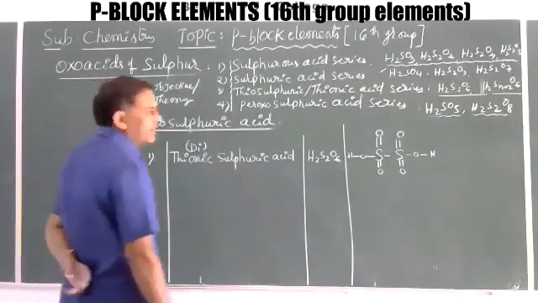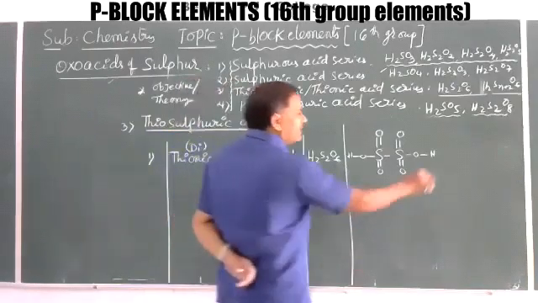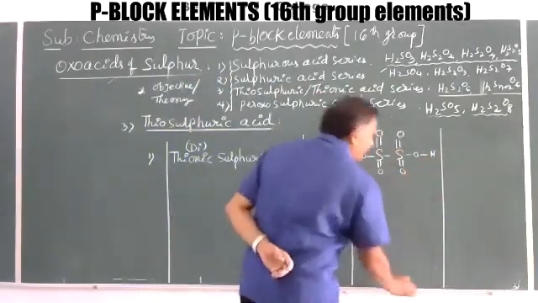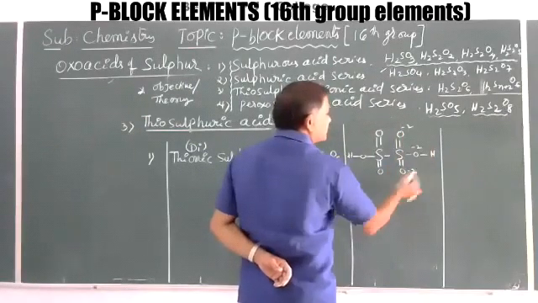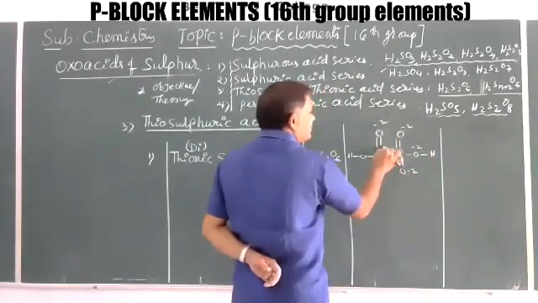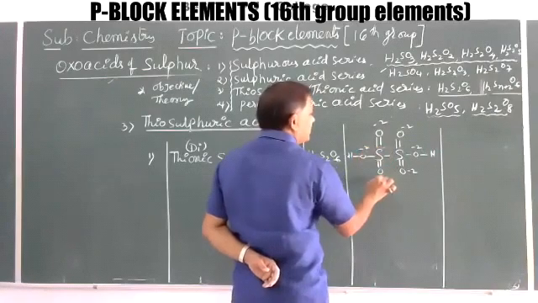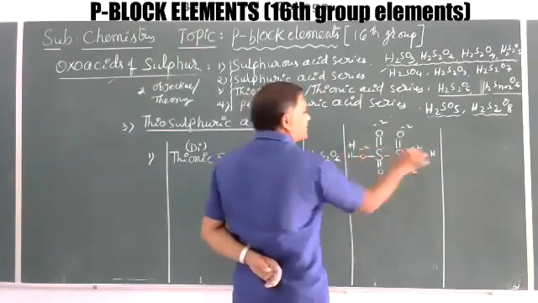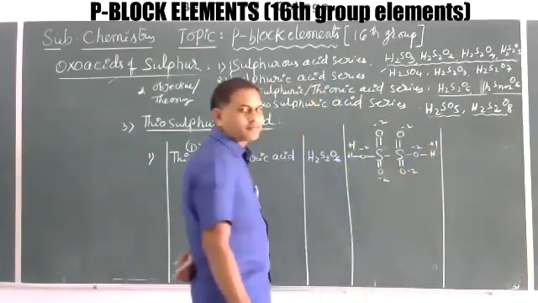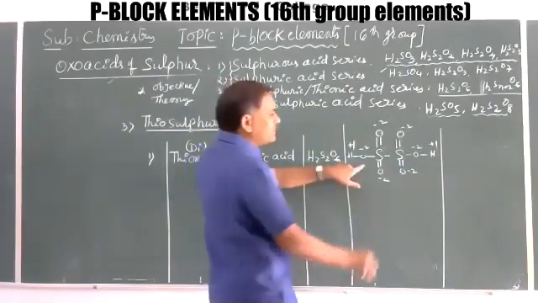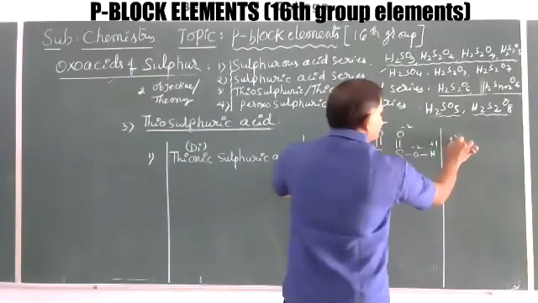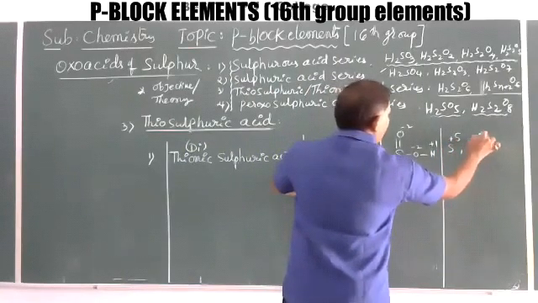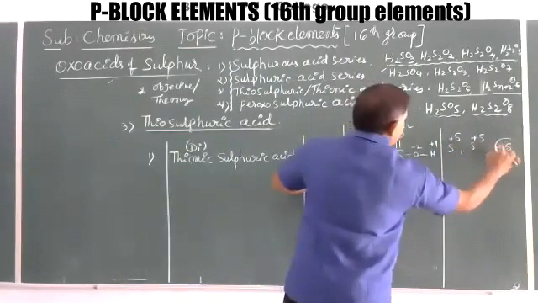Now for this thionic acid, its oxidation state is here -2 and here -2, here -2, this is -2, here +1 hydrogen, here +1 hydrogen. So on the basis of this, the average oxidation state is +5 and +5 in both cases, so the average oxidation state is also +5.